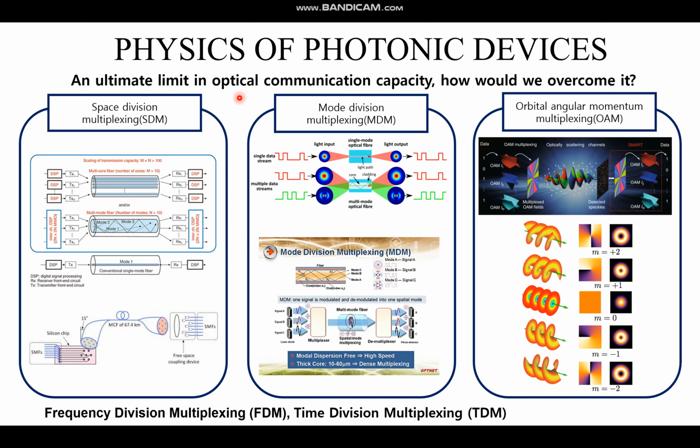Here I am going to show you the space division multiplexing system, which uses multi-core fiber. With several multi-core fibers arranged like this, we can make signals individually and propagate them in the multi-core fiber system, and the detector is like this.